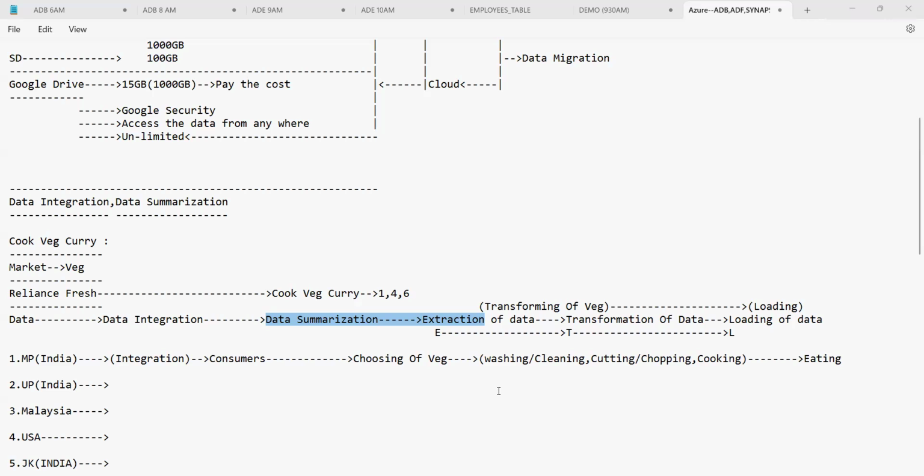Where the backend data is Oracle or some SQL Server, we can use SQL, and then we can convert that SQL code into PySpark as well.